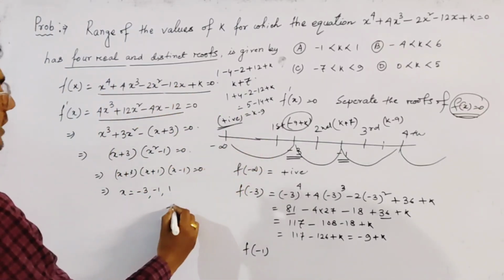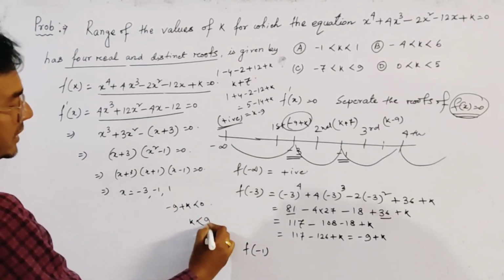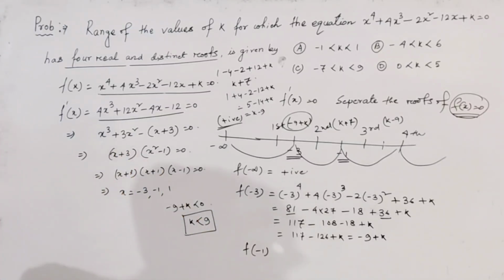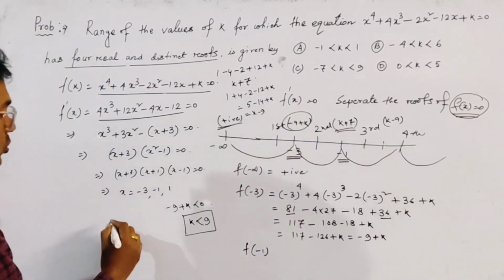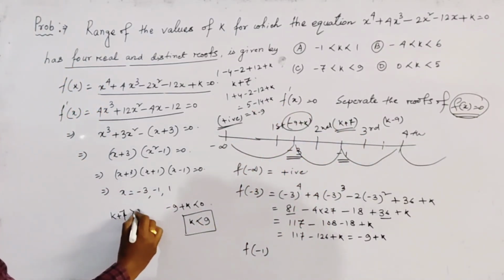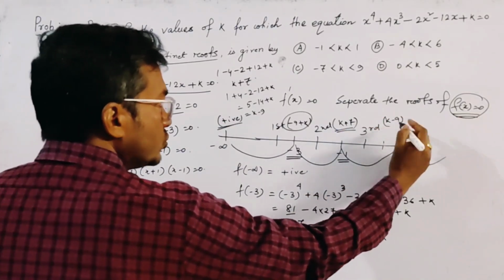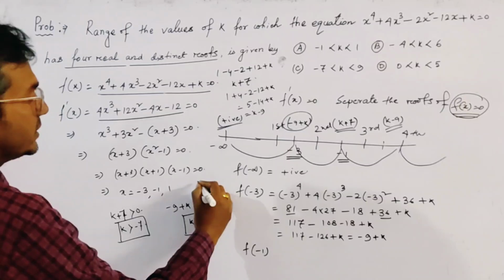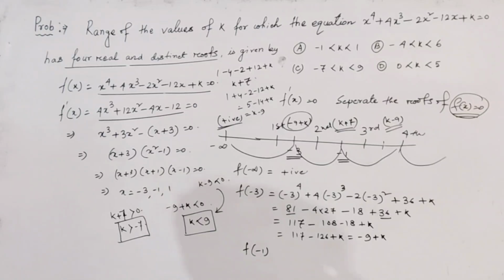So -9 + k < 0, that is k < 9. Next, f(-1) must be positive, so k + 7 > 0, so k > -7. Lastly, f(1) is again negative, so k - 9 < 0, the same result as the first. So our range of k is -7 < k < 9.